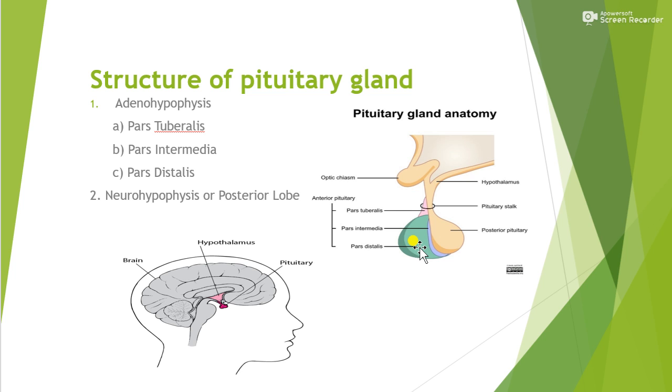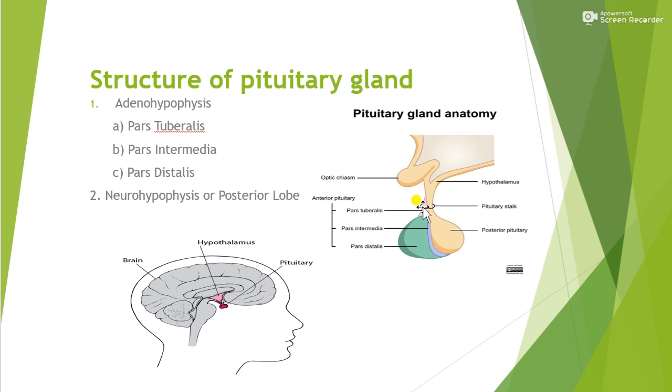So first of all, we see here the pars tuberalis. Look at this, this is the pars tuberalis. The pars tuberalis forms a collar of cells 25 to 60 micrometers thick around the neural stalk. It is thickest anterior to the stalk and frequently incomplete on the posterior aspect.